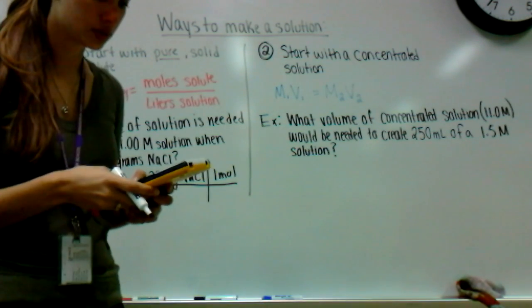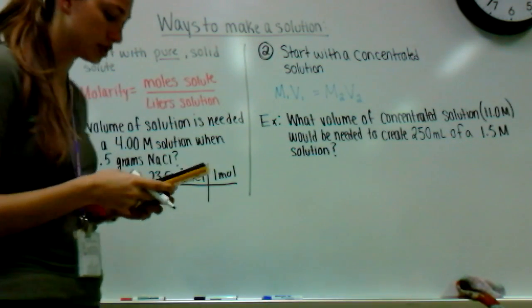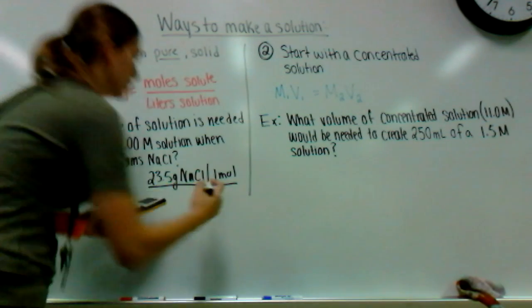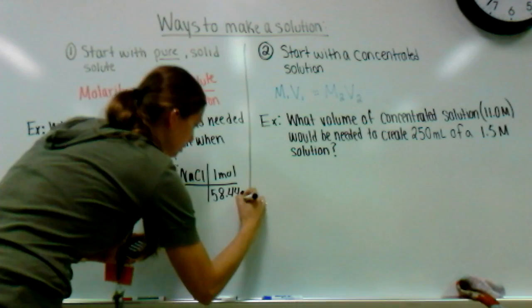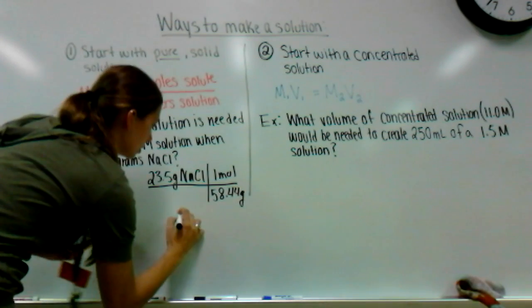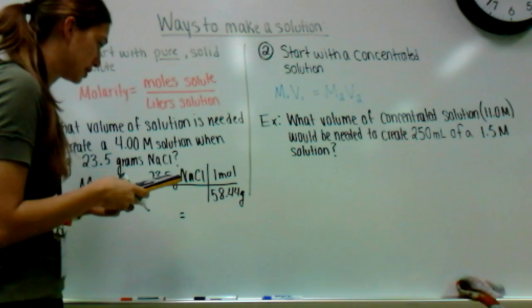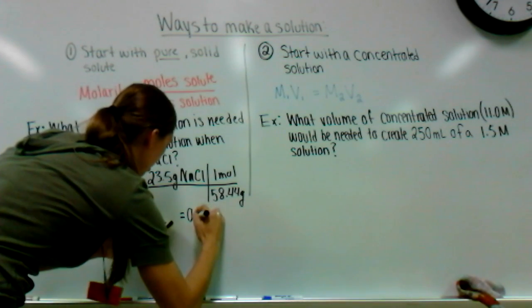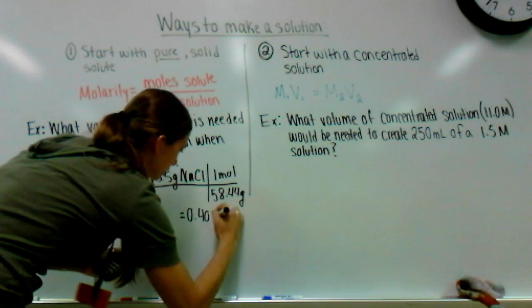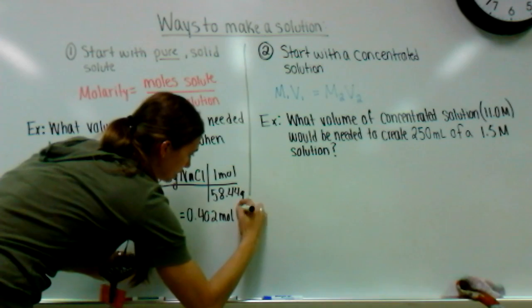So sodium is 22.99, chlorine's 35.45. So we end up with 58.44 grams. So when we do that math, we're going to end up with 0.402 moles NaCl.